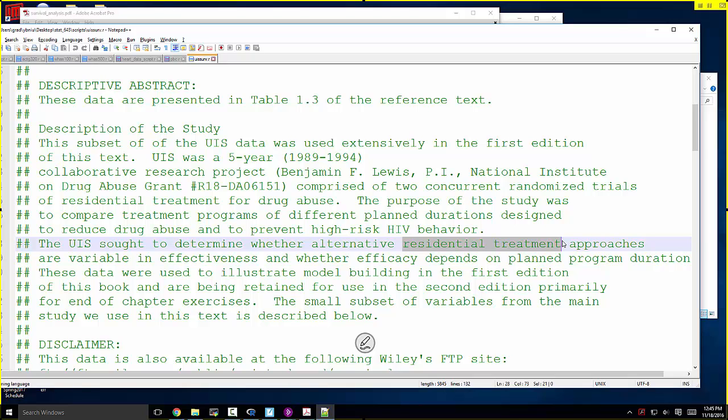This is referring to a long-term, like weeks on end, intensive treatment.